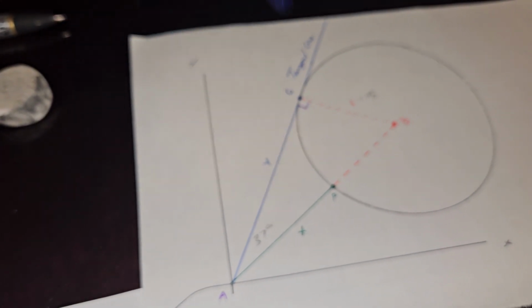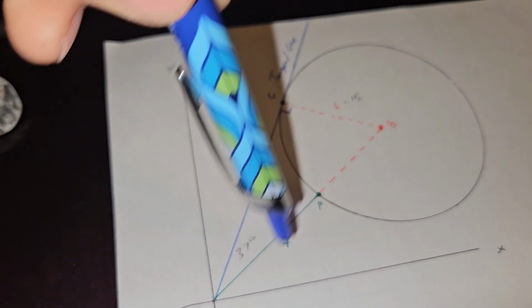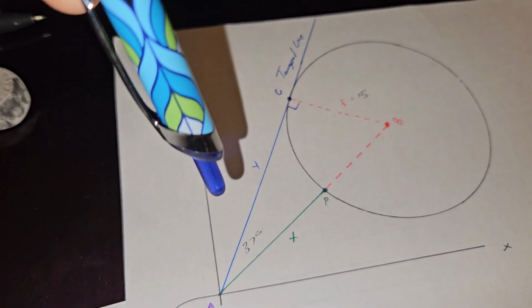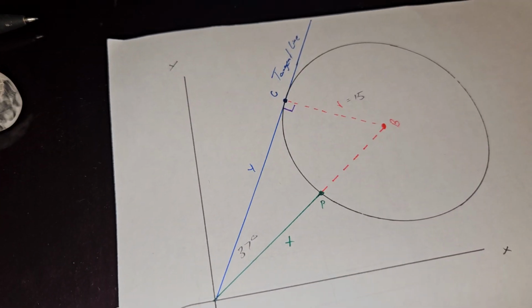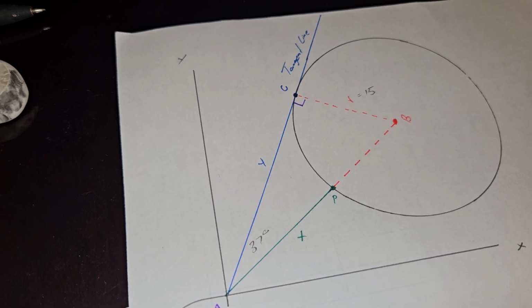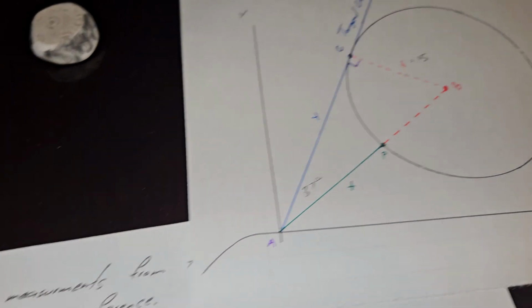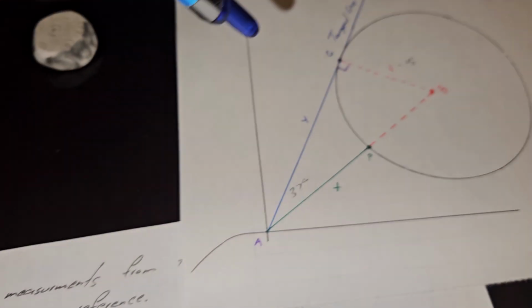So what is the opposite, which is 15, over the hypotenuse, which is going to be x plus this? We are going to use sine, right? Sine, SOHCAHTOA, opposite over hypotenuse.